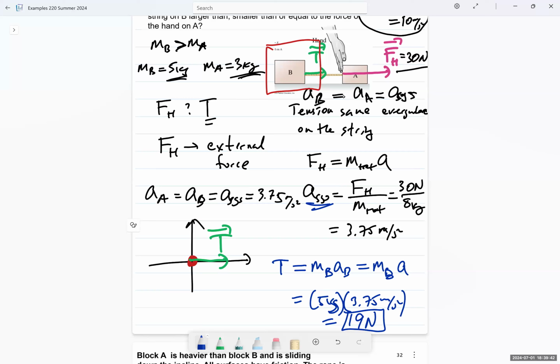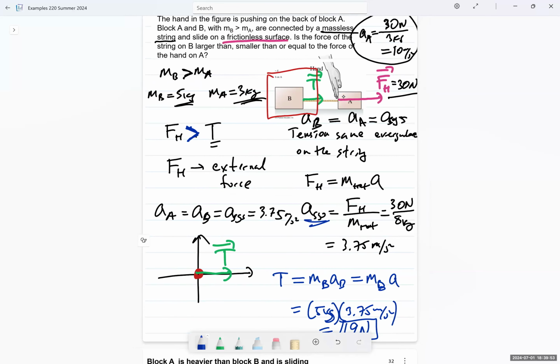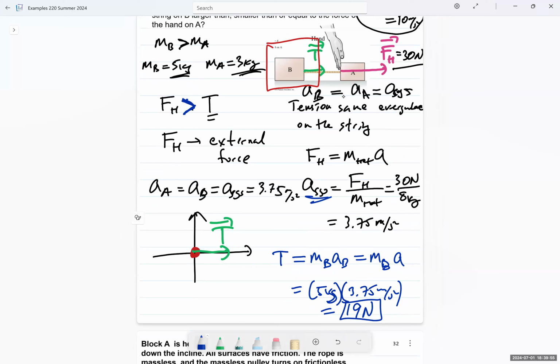So 19 newtons is much less than the applied force of the hand. Conceptually, the force from the hand has to push both A directly and B indirectly, so it pushes two blocks together, whereas the tension is only responsible for pushing block B. That's why the force of the hand is much higher and the tension in the string is lower.